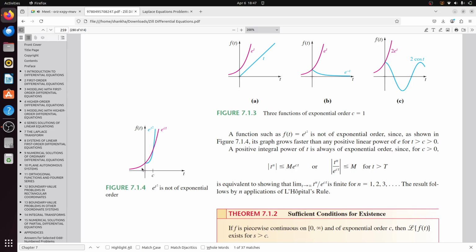Is it clear why e^(t²) is not of exponential order? Because your e^(ct) is actually dominated by e^(t²).